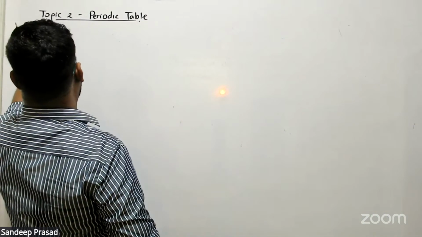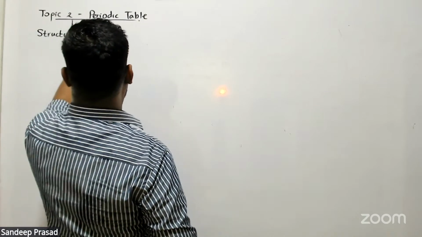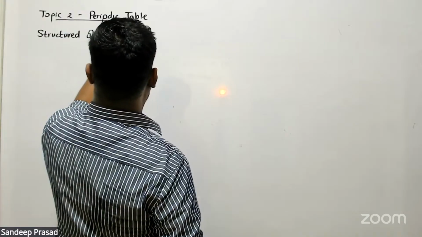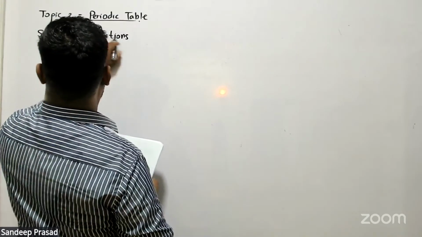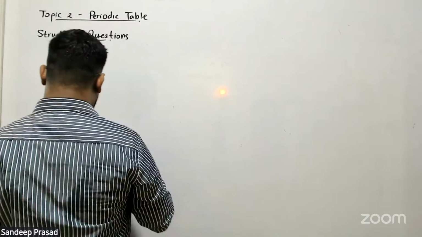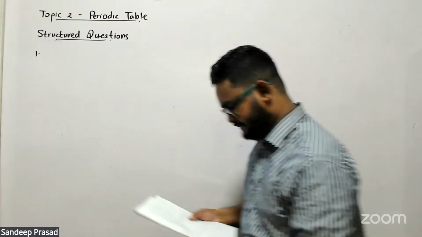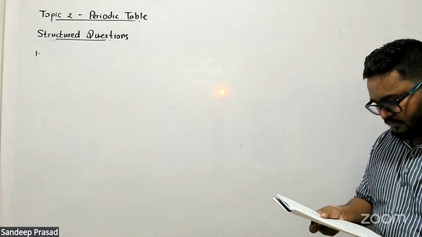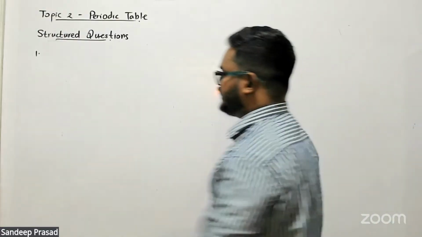Structured questions. Question number one. What information can be obtained from a period number and the group number?